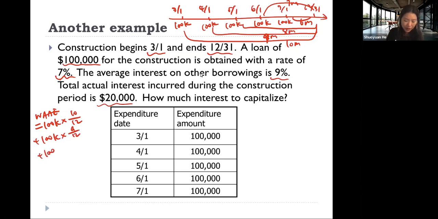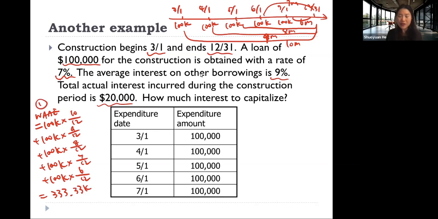The third 100,000 is occupied for 8 months. The next 100,000 is occupied for 7 months. And then the next one is occupied for 6 months. So we have 333.33 thousand. So this is step 1, weighted average accumulative expenditure.